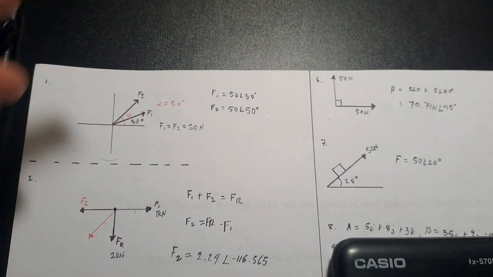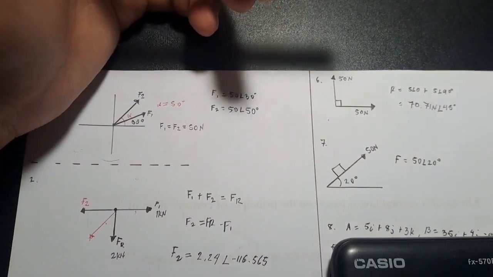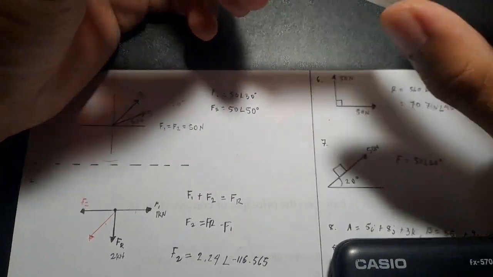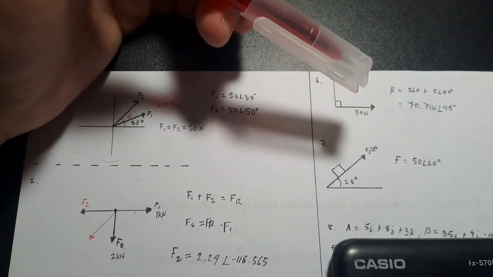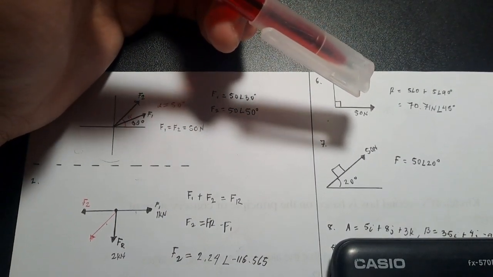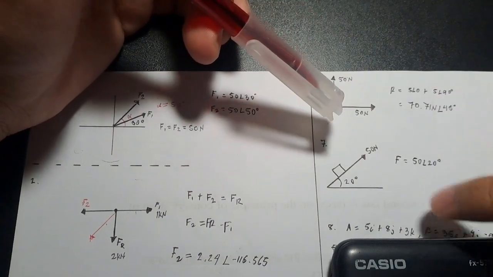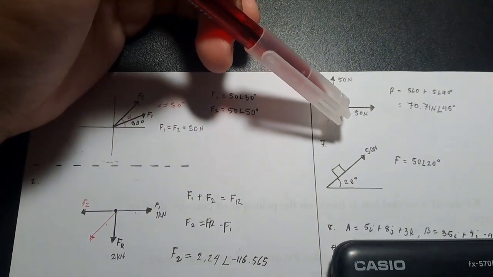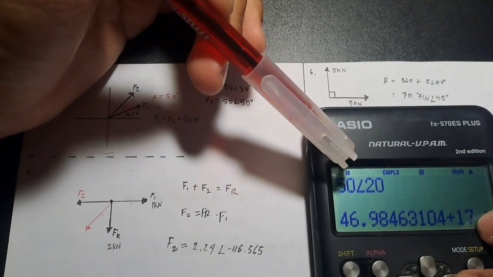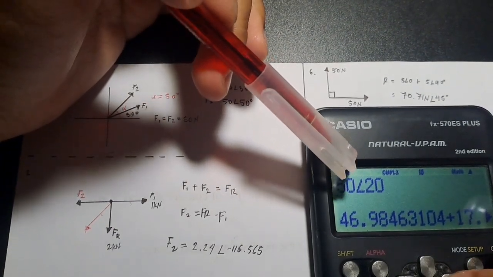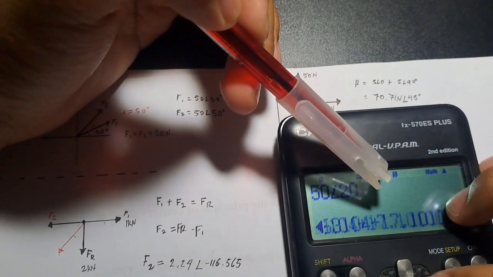So pag sinabi niya yan, alam mo na yung 10 kg na sinabi niya, panggulo. So we have 50 Newton na force, ang plane mo is naka angle siya ng 20. So giving us 46.985 yung x mo, ang y mo is 17.101.